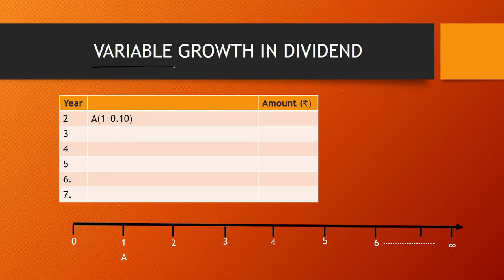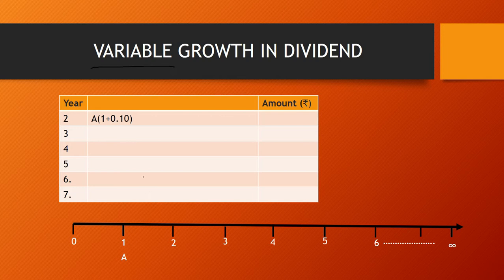Or maybe in 1 or 2 years dividend growth is 10%, and in the third year it increases to 12%, maybe 14%. That means your dividend growth is changing after an interval of time. The interval can be a year, 2 years, 3 years or 4 years, but it's not constant throughout.